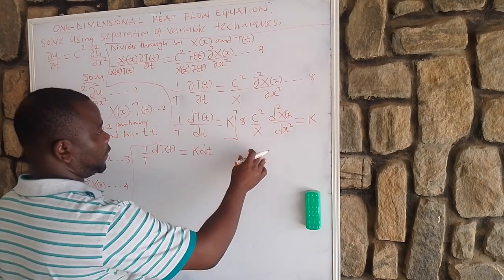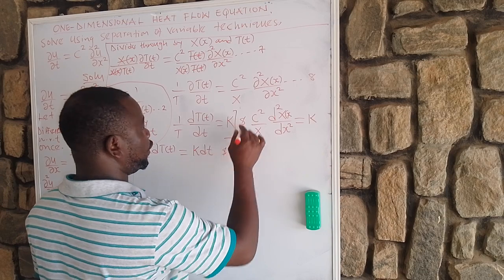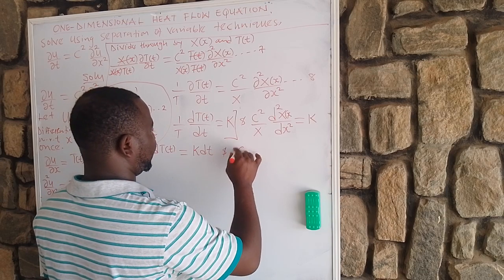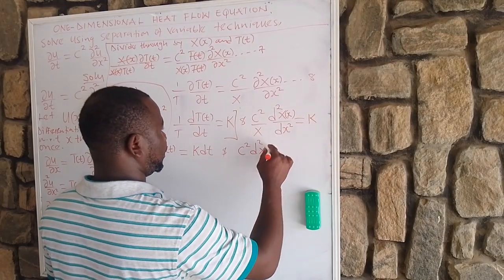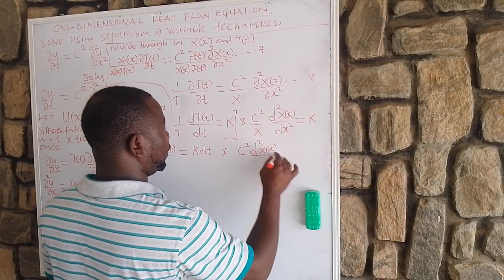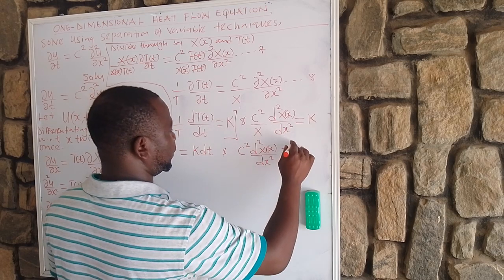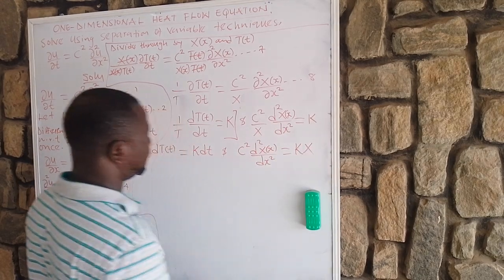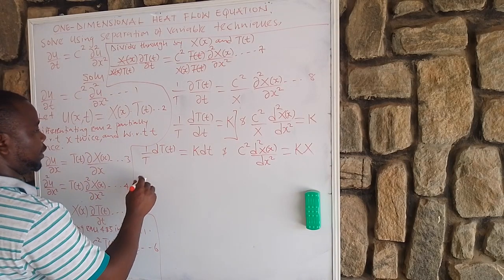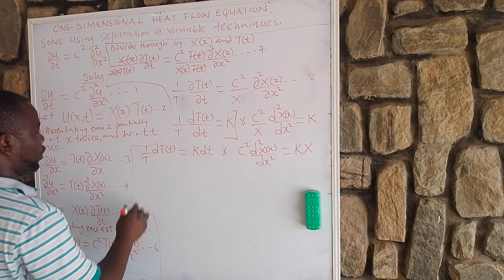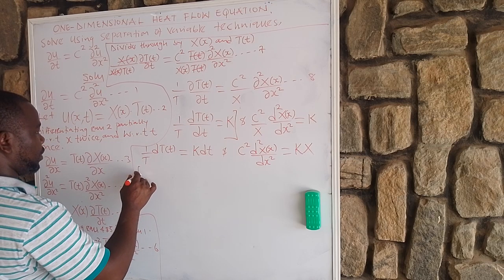And for the other one, c square d square X of x all over dx square will now be kX. Then at this point we are going to integrate both sides of this equation.